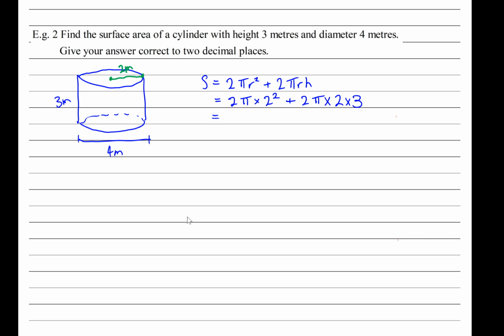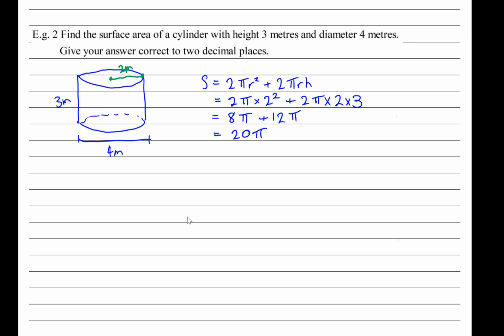A good habit to get into is to evaluate all of this first. So 2 times 2 squared, that's 2 times 4, so that's 8 pi. And over here, 2 times 2 times 3, that works out to be 12, so that's 12 pi. So you can collect like terms there, and you've got 20 pi.